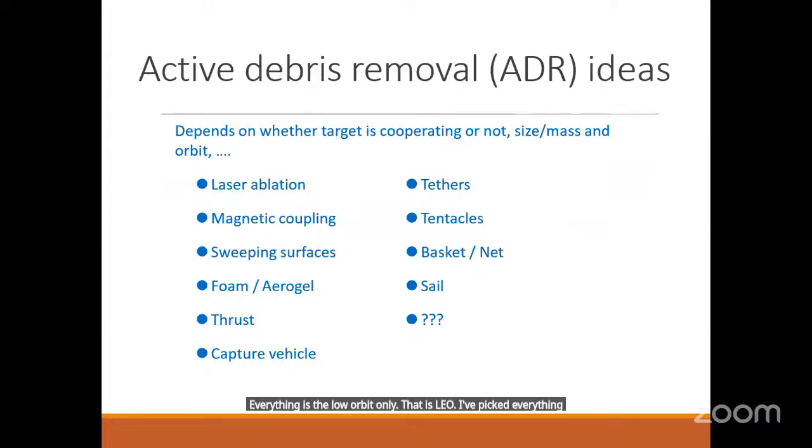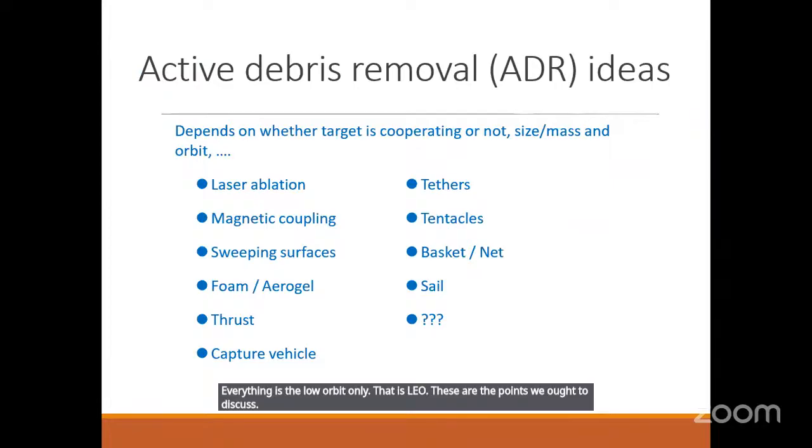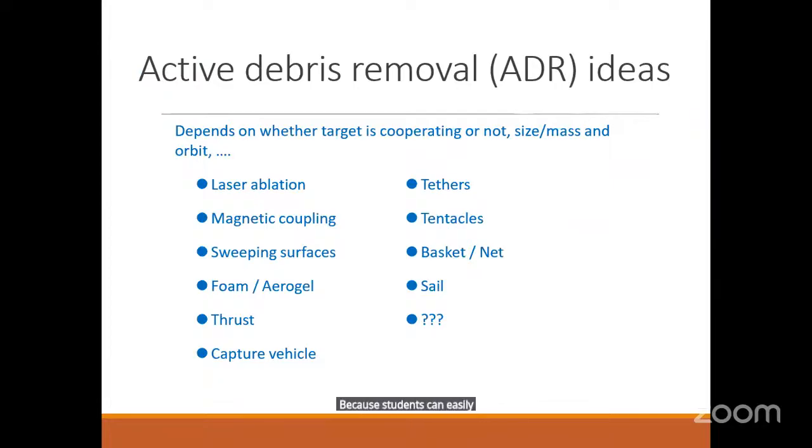These are the points we have to discuss, because students can easily take any topic, study it, do research, and submit your project to the government. Surely you can get the fund. That is active debris removal: laser ablation from a ground station on Earth to space, or from a space station to the debris.